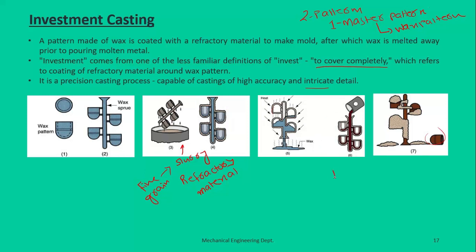This wax sprue helps us connect all the molds together with the main sprue, and we can supply the molten material.